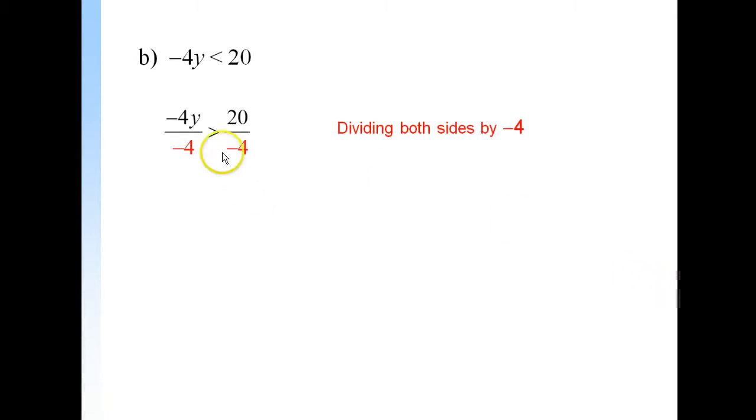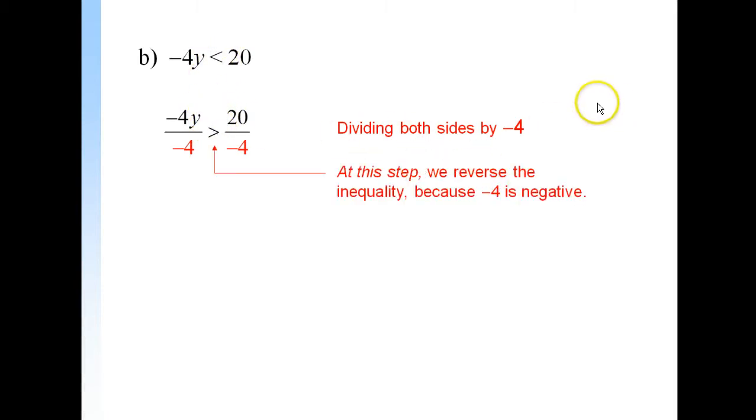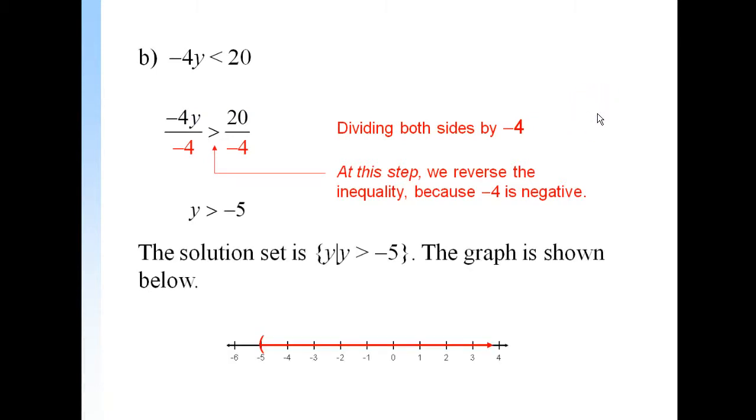Now, again, since we have divided both sides by a negative, notice what they've done to the inequality sign. They reversed it. They make it a natural part of that. And there's the rationale. And there's the answer. Set builder notation, the graph, and then interval notation.